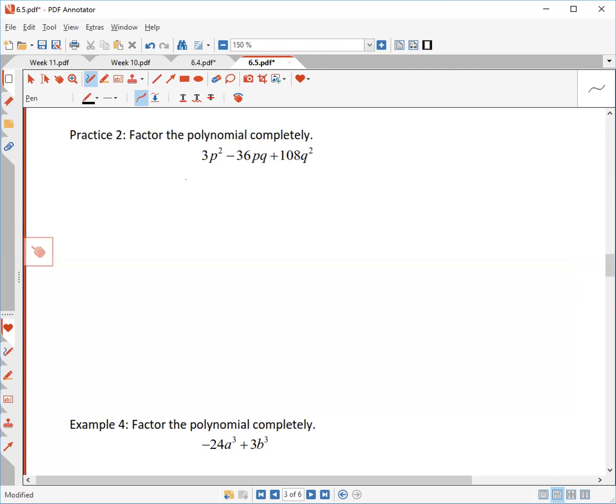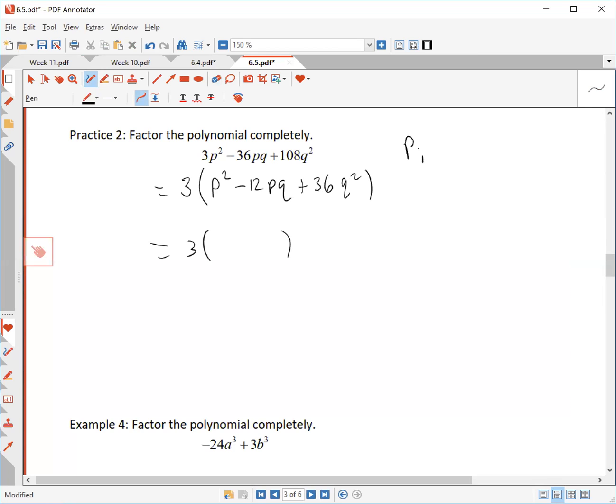All right, so you factor out a 3 from those. P squared minus 12PQ plus 36Q squared. So we are on the lookout for perfect squares.